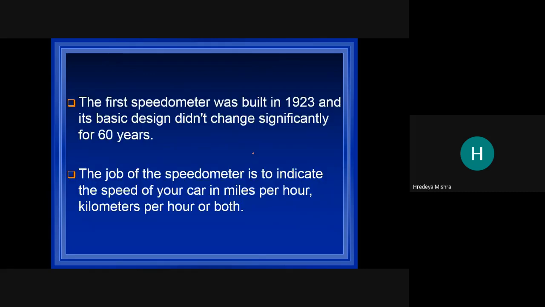The first speedometer was built in 1923, and its basic design did not change significantly for 60 years. The job of the speedometer is to indicate the speed of your car in miles per hour or kilometers per hour, or both.